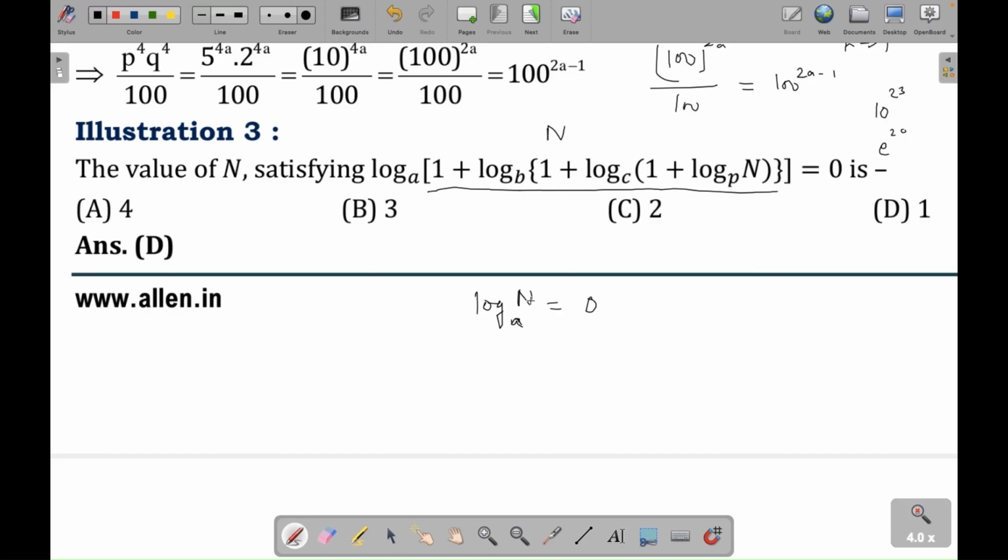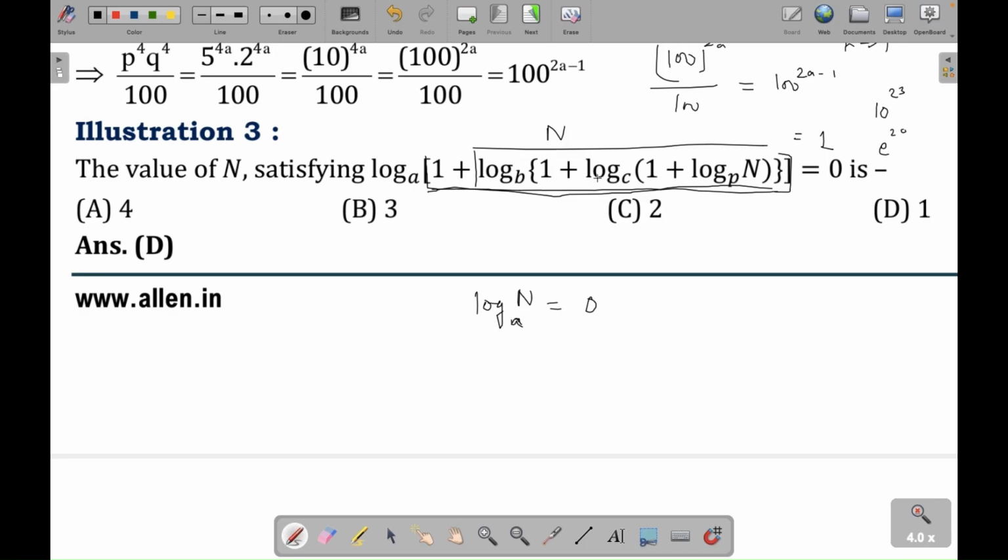So the first observation is this thing is equal to 1, right? That is why this came out to be 0. So this is equal to 1. Now if you solve this, you get 1 plus log of something is equal to 1. 1 and 1 will be cancelled. So you'll again get log b of some number is 0, which means this is again equal to 1.